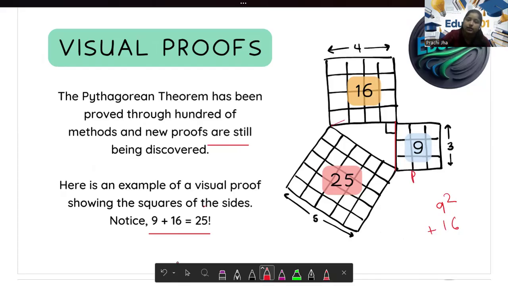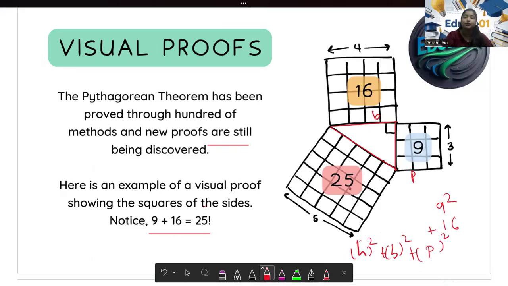This side you can consider as your base for the right angle triangle, and this side is the hypotenuse, right? The hypotenuse square is given by the base square plus the perpendicular square. You can see that over here with the help of these grids, right?